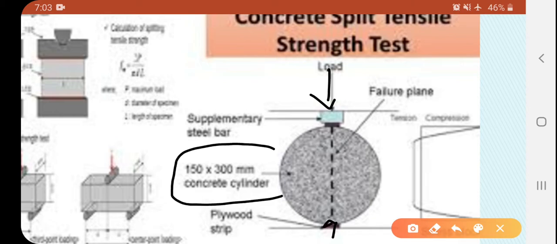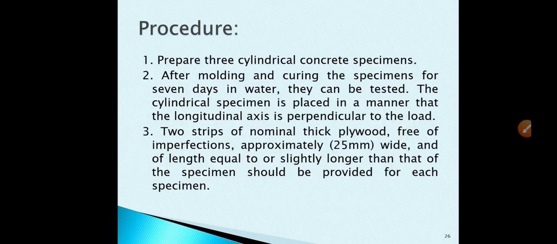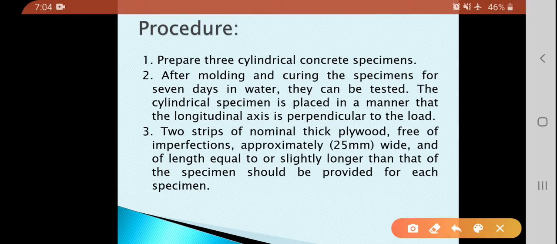The dimension will be 150 into 300 concrete cylinder. To maintain a uniform loading, we are placing a plywood strip here. At the end of this experiment, I have shared one link. Just go through that link, you can see the video procedure.